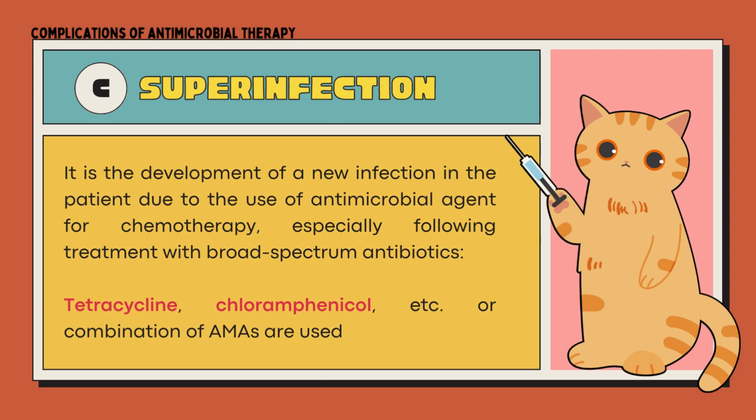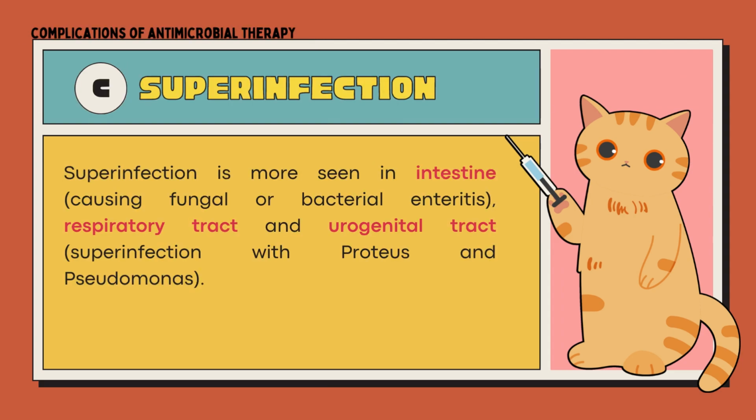However, it can be avoided by using narrow spectrum antibiotics whenever possible and by preventing indiscriminate use of antibiotics. Moreover, superinfection is more seen in the intestine, causing fungal or bacterial enteritis, and in the respiratory tract and urogenital tract, in which there is a superinfection with Proteus and Pseudomonas.